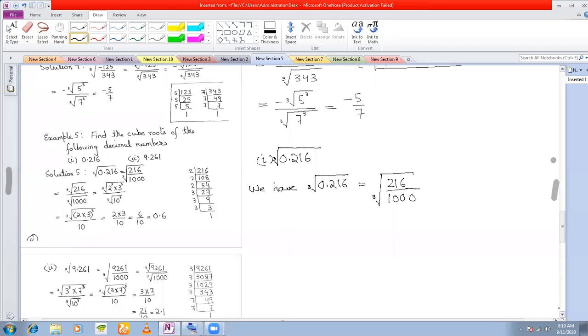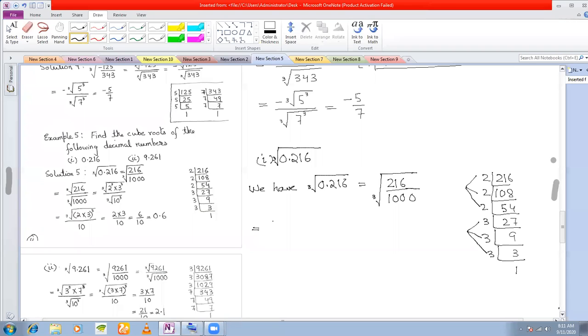Now 216, if you prime factorize, so what are you getting? You're getting this triplet, and you are getting this triplet. This indicates that 216 is a perfect cube.